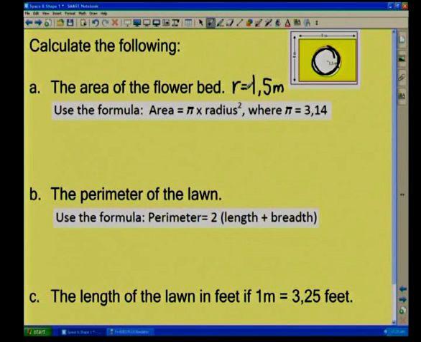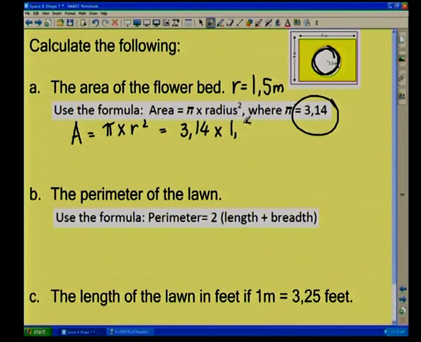Okay, and it's substituting into this formula. They've told us to use this formula. My area is equal to pi times the radius squared. Pi is 3,14. Note that they've given you that value, and I need to times it by 1,5 squared.